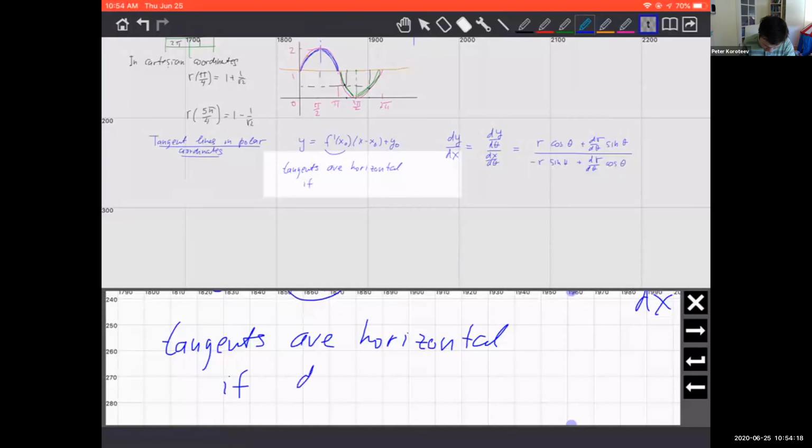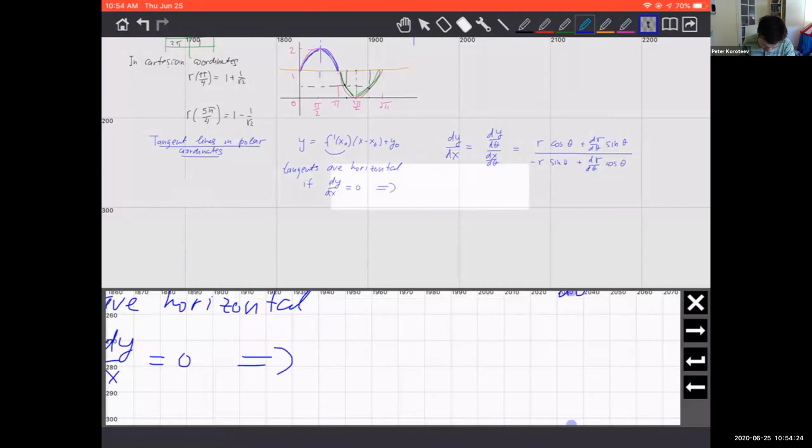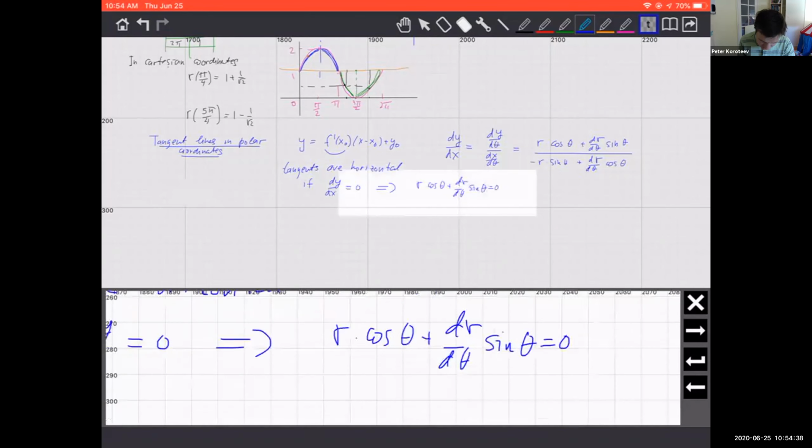If dy over dx is equal to 0, which translates in our calculation to r cosine theta plus dr over d theta sine theta is equal to 0, provided that the denominator does not vanish.